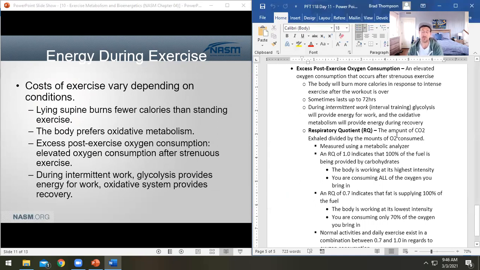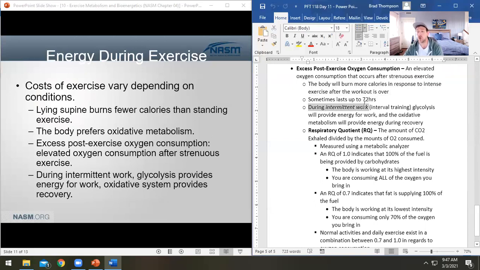So basically, you exercise so intensely, your body will then work to recover over the next, and sometimes this takes up to 72 hours. This can last a really long time, although most of that is pretty limited after, even after 24 hours, it takes a really big dip, but it can last a while, and basically what this is, our EPOC here, excess post-exercise oxygen consumption, and this burns lots of calories after you leave the gym.